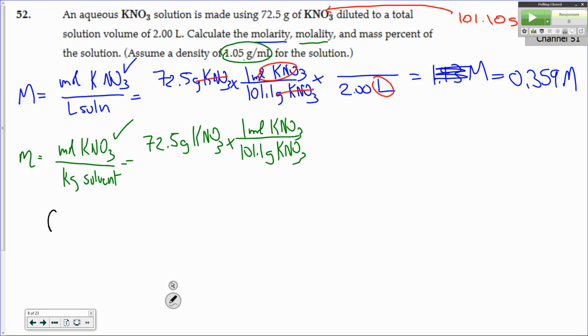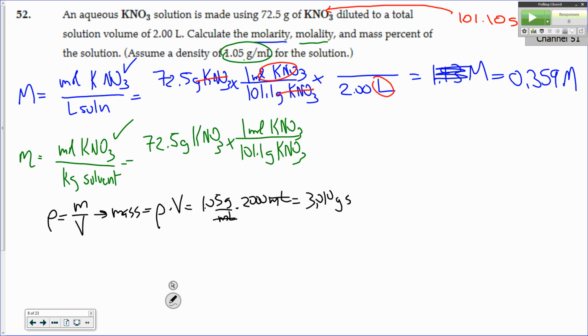Density is equal to mass divided by volume, so mass is equal to the density times the volume. The density is 1.05 grams per milliliter, and I've got 2 liters. 2 liters is equivalent to 2,000 milliliters. Milliliters cancel out, and that gives me my grams of solution. So that's 3,010 when I multiply that out.